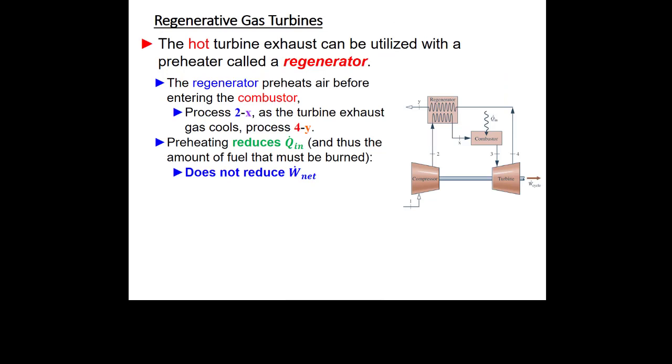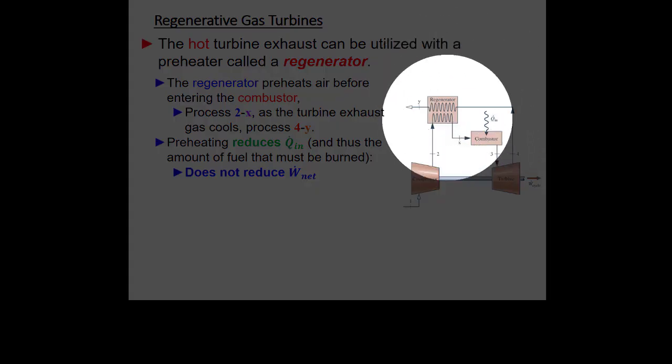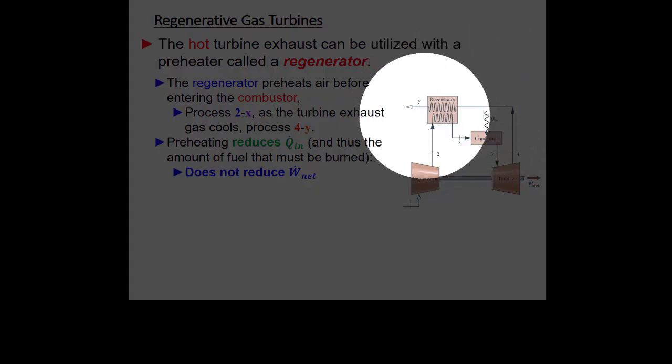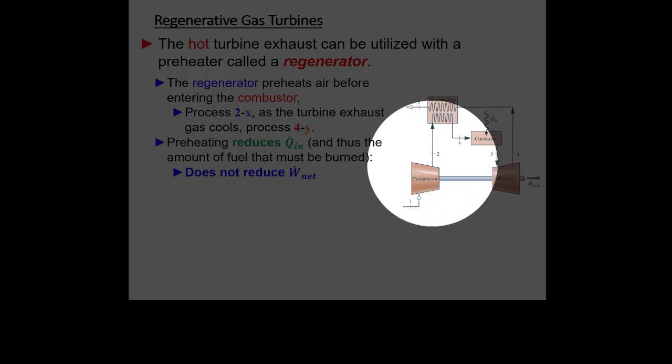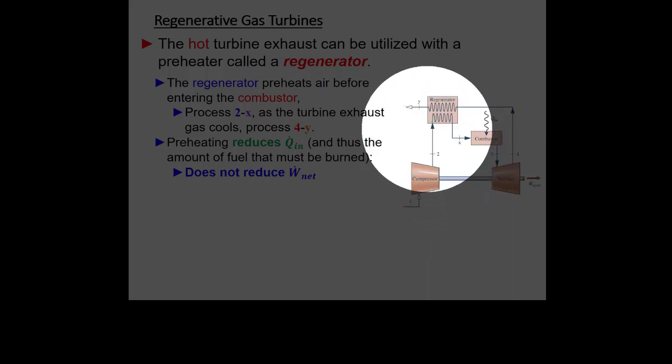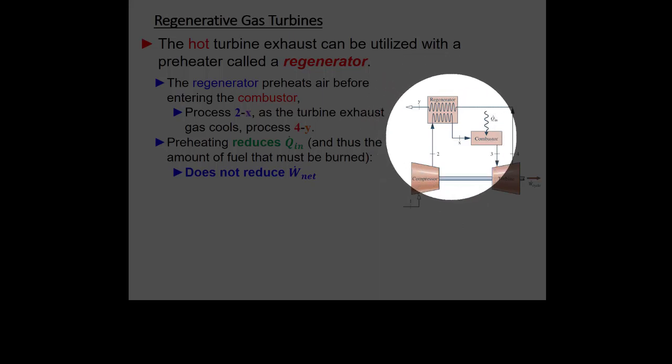Now, regenerators are still complicated in Brayton cycles, but I think they're not quite as complicated as they were in Rankine cycles. Because in Rankine cycles, we split the mass flow, right? Which was kind of a pain. We don't do that in these Brayton cycles. Instead, what we do is we have this regenerator, this heat exchanger here, right? And what happens is, before we get in the combustor, after the compressor, we have this cooler air that's going through over here, right?